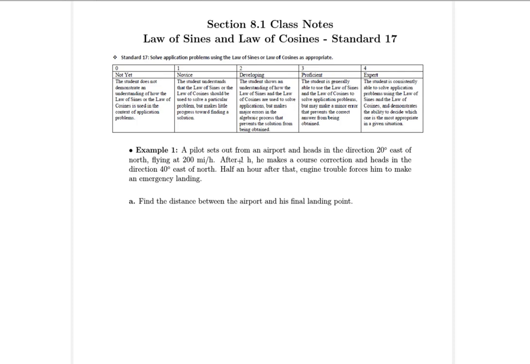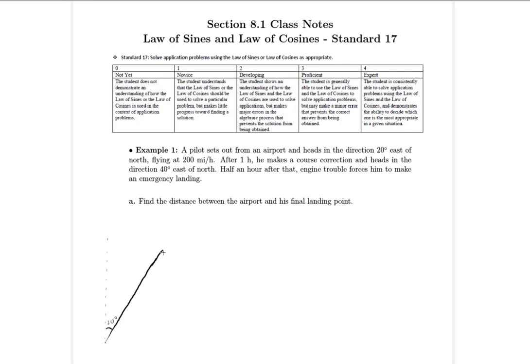Let's do what they started off with, right? We head off in a direction 20 degrees east of north. So remember, what we want to do is make a due north line and then say, okay, let's go 20 degrees east of there. And we're going to fly for a while, for an hour, at 200 miles per hour.